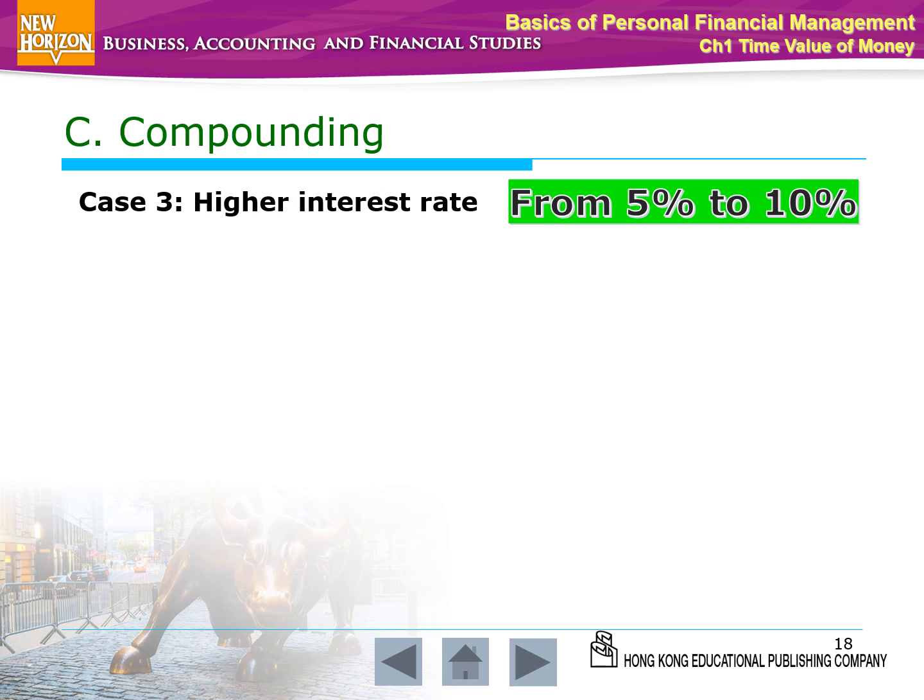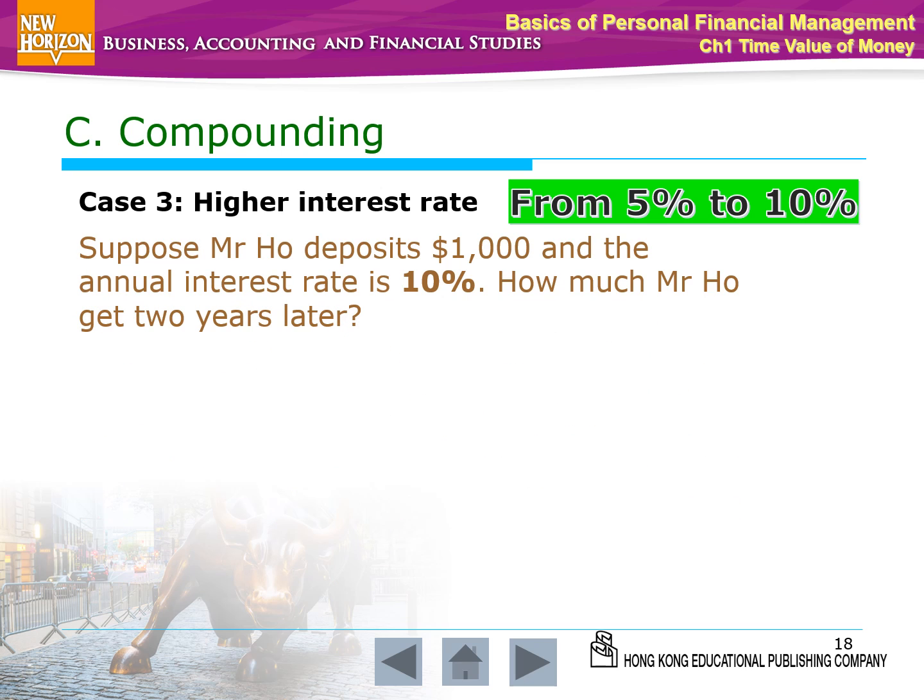Let's go to case 3, higher interest rate. Let's say from 5% to 10%. Mr. Ho deposits again $1,000 instead of 1,500. We keep the principal unchanged, but the interest rate paid by the bank increased from 5% to 10%.